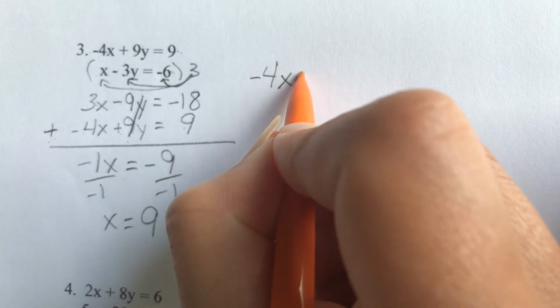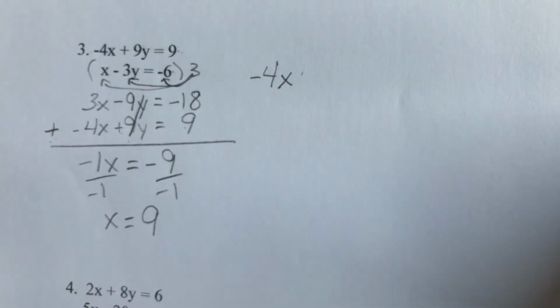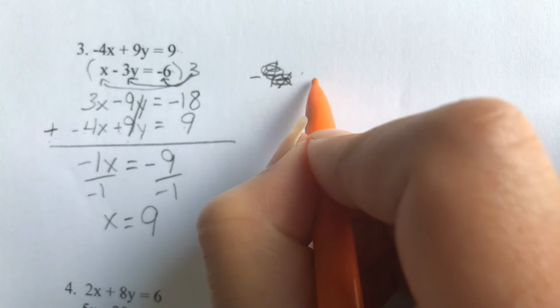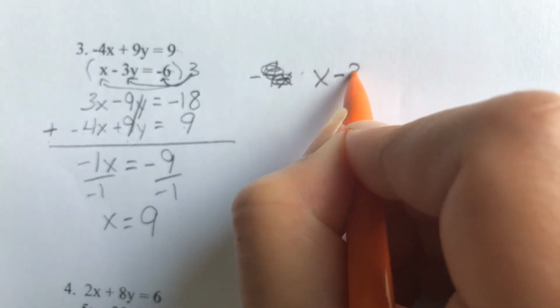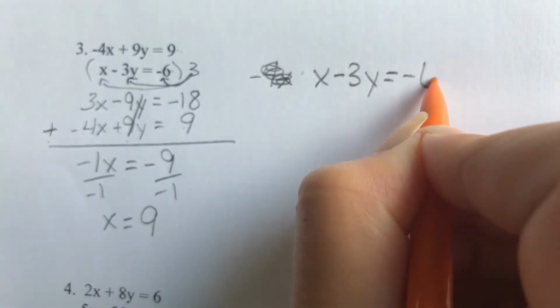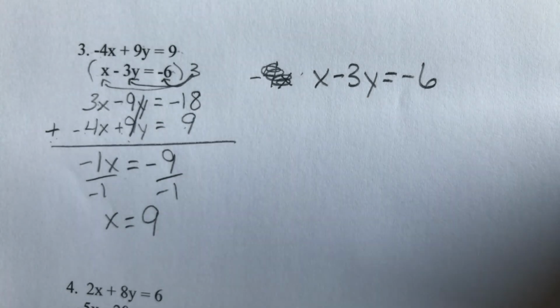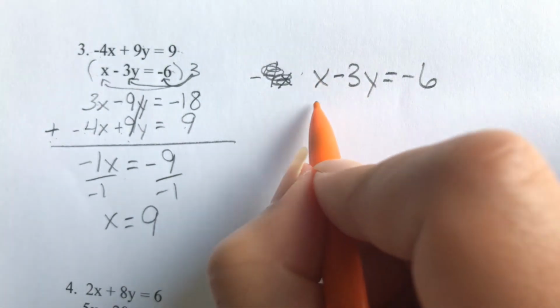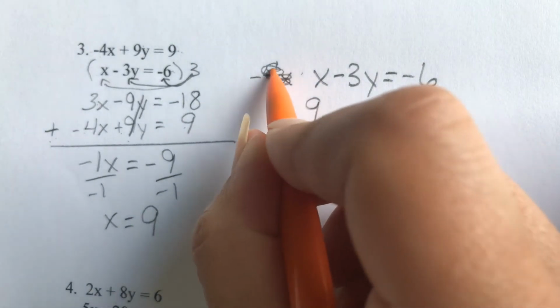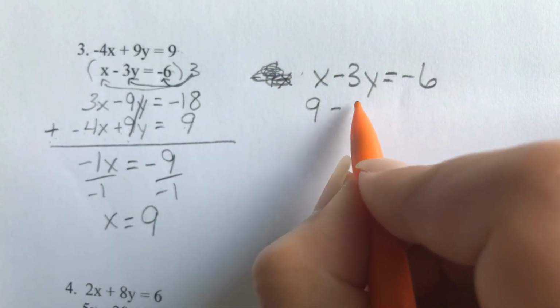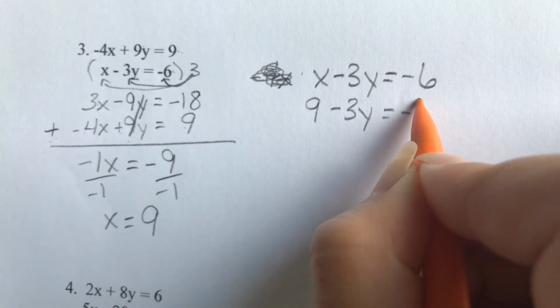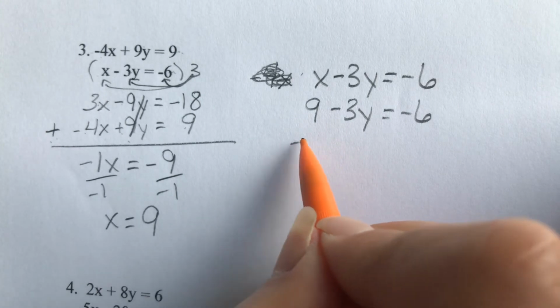You know what, let's go to the bottom equation. Because again, it doesn't matter which one you choose. I think this one looks easier. Numbers are smaller. You can still use the top, but here I'm going to plug in 9 minus 3y equals negative 6. 2-step, right? And no multiplication there.